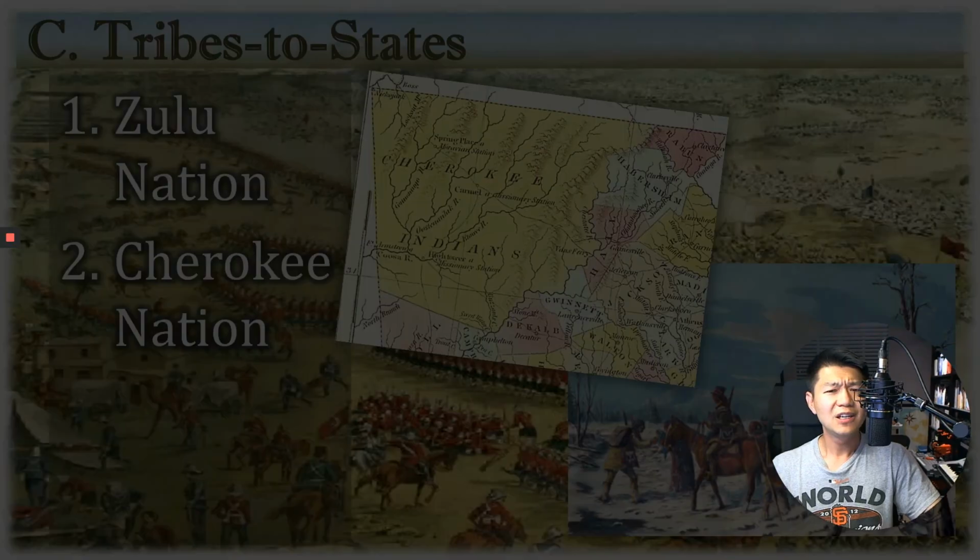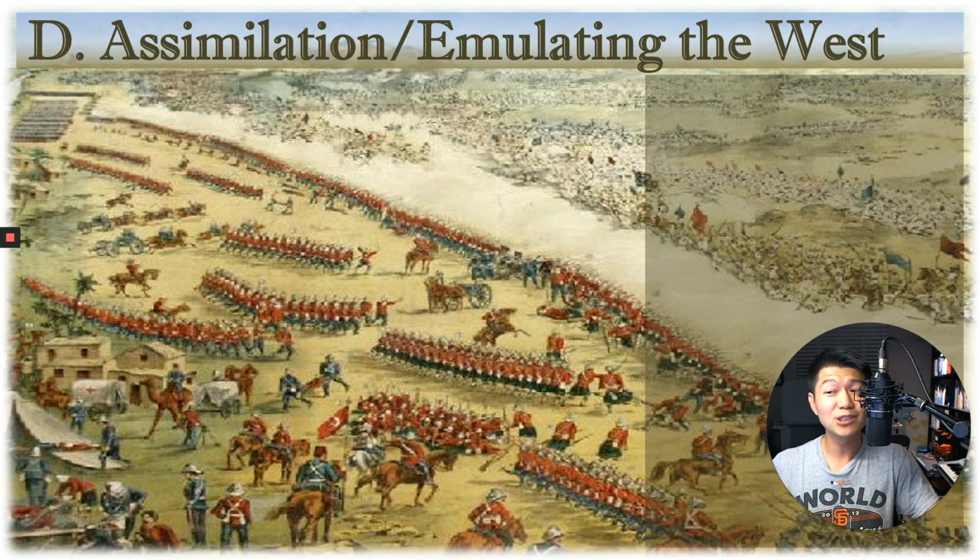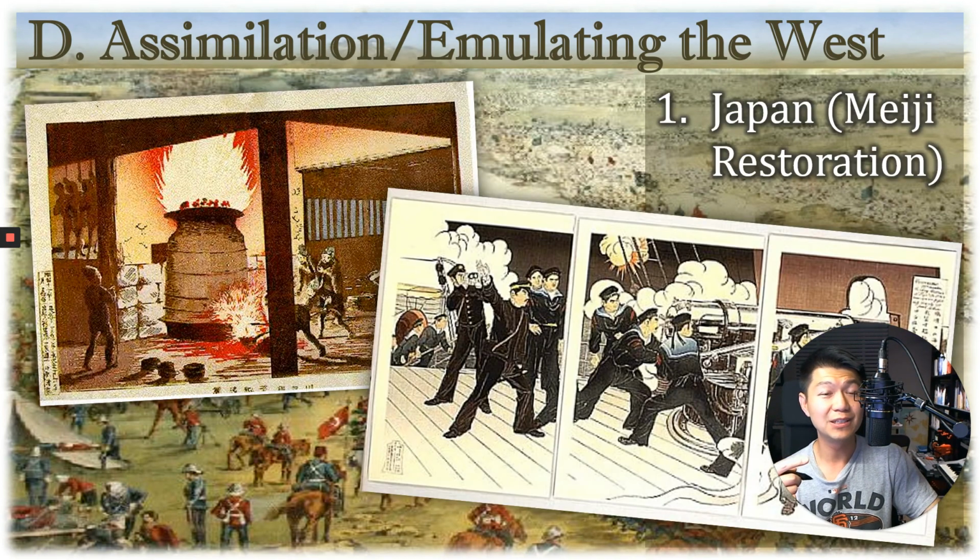Then there are those who decided maybe the best way is to simply emulate what's going on. And so we see that example in the Meiji Restoration in Japan, whereby, with the victory of the pro-industrialized, pro-modernized groups in Japan, they made the decision to modernize as quickly as possible.